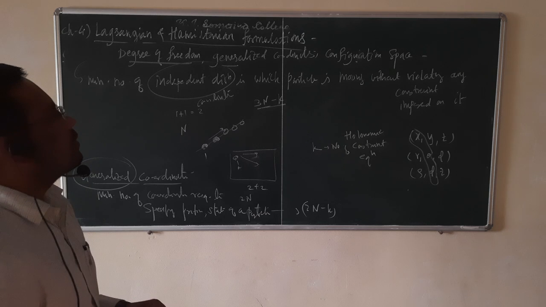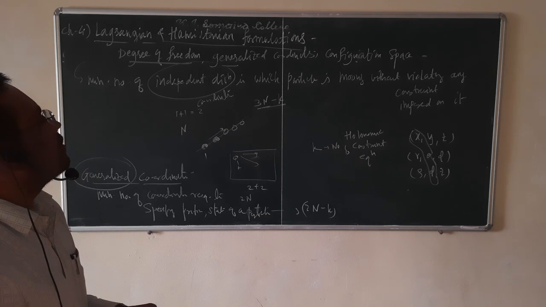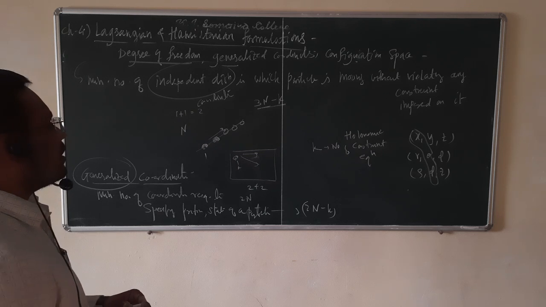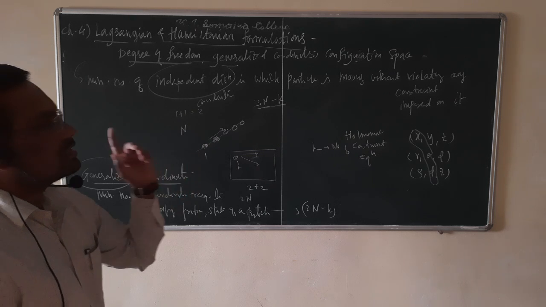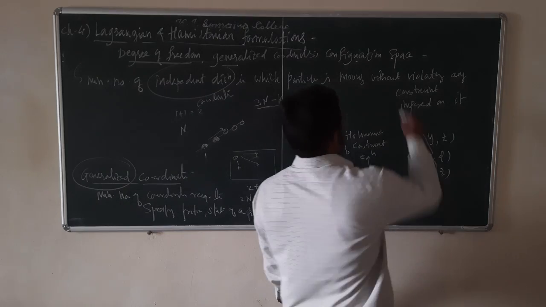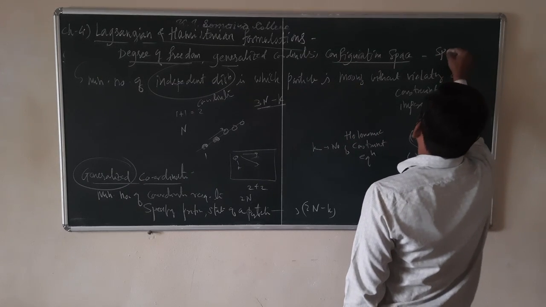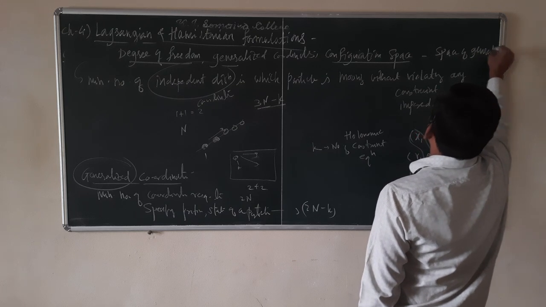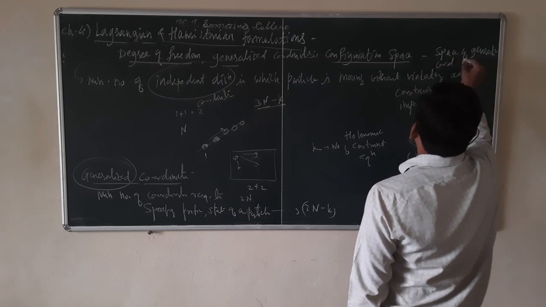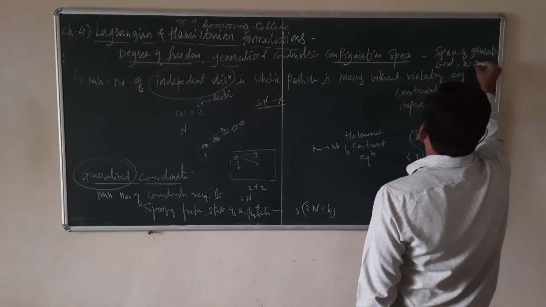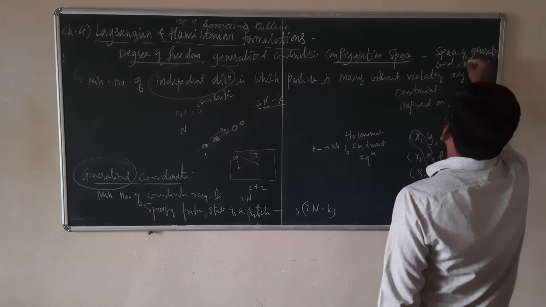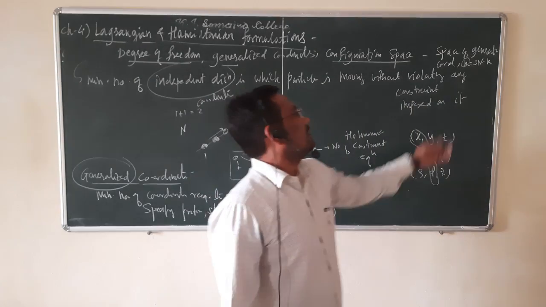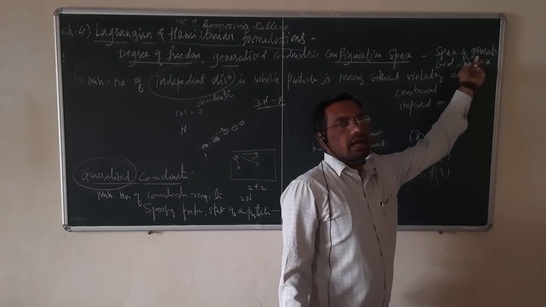Now we are moving to the next point, which is configuration space. What is configuration space? Configuration space is the space of generalized coordinates. And we know that if n is the degree of freedom and n generalized coordinates are required, then configuration space is n dimensional.